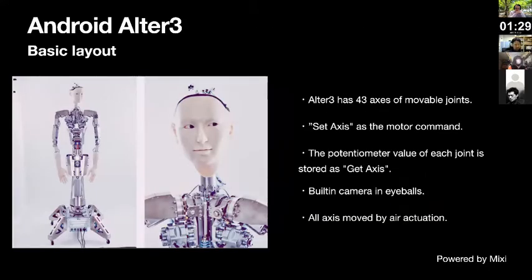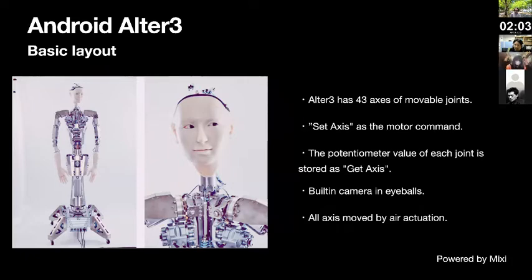This is Ultra 3. This Android has 43 axes of movable joints, and it has a motor command called set axis, and a potentiometer value for each joint called get axis, and built-in cameras in the eyeballs.